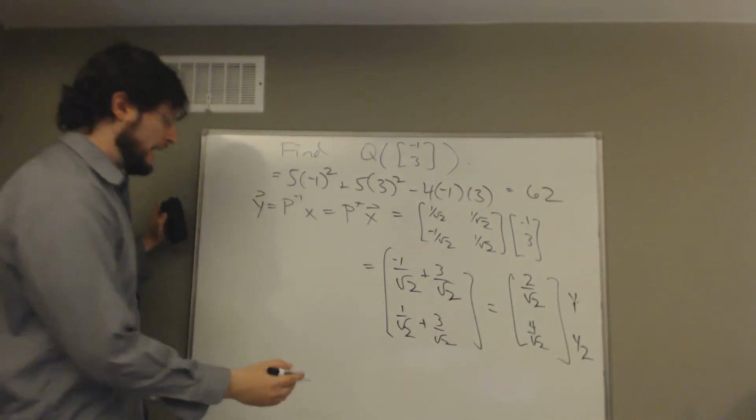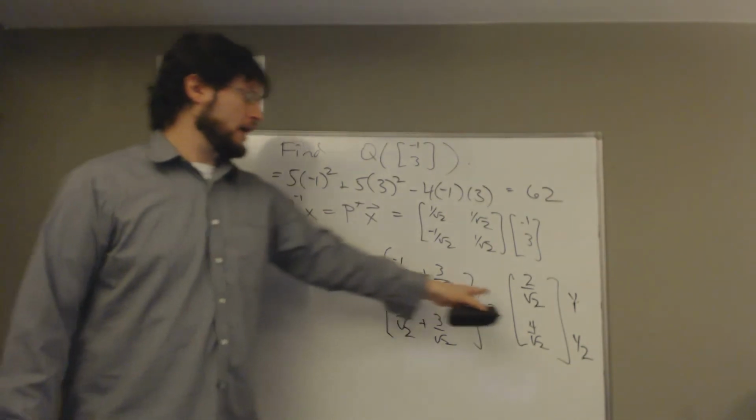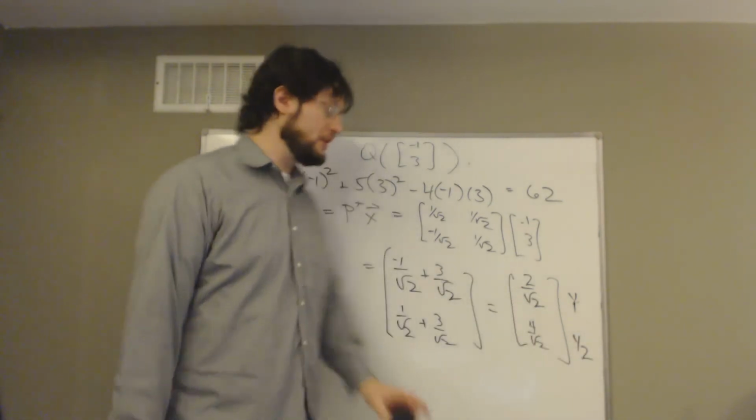All right. So now what happens if we take q applied to y1, y2, but with the diagonal matrix instead?